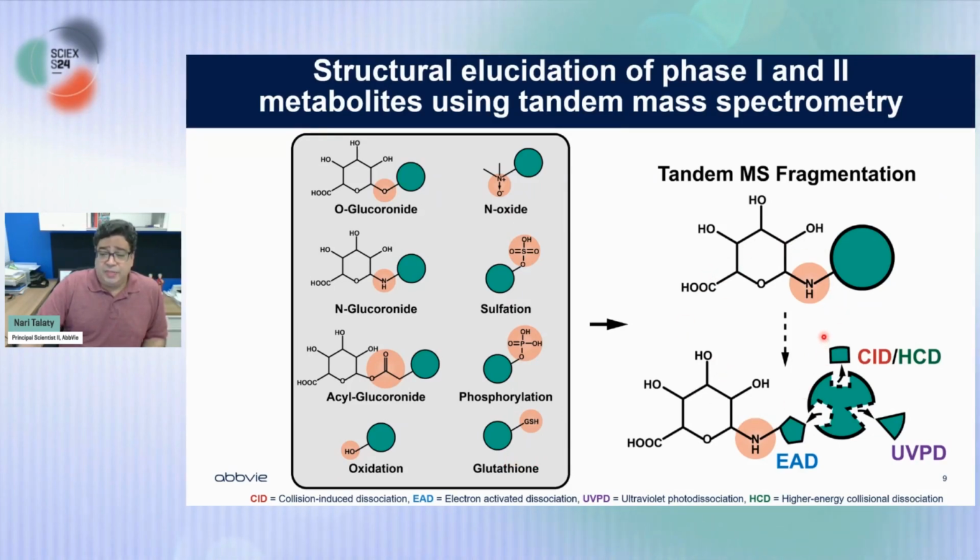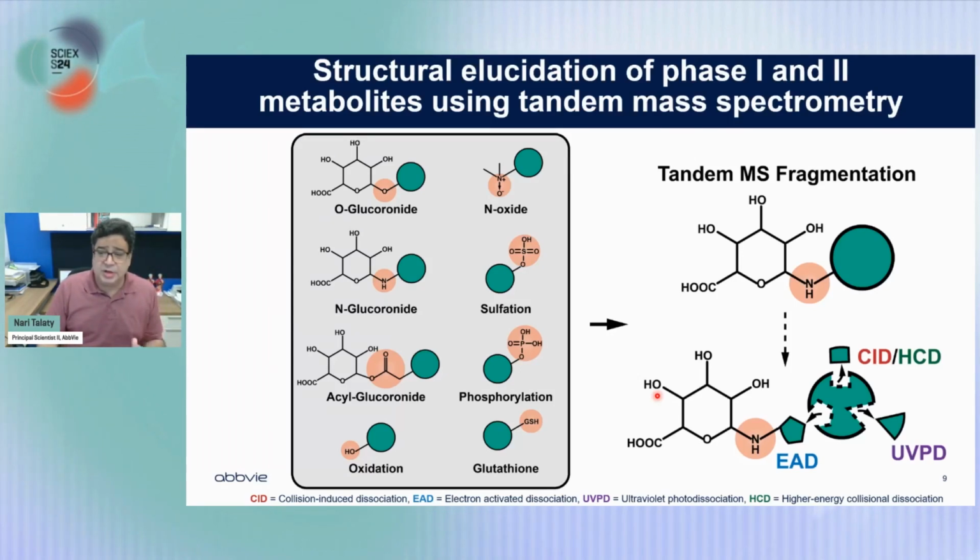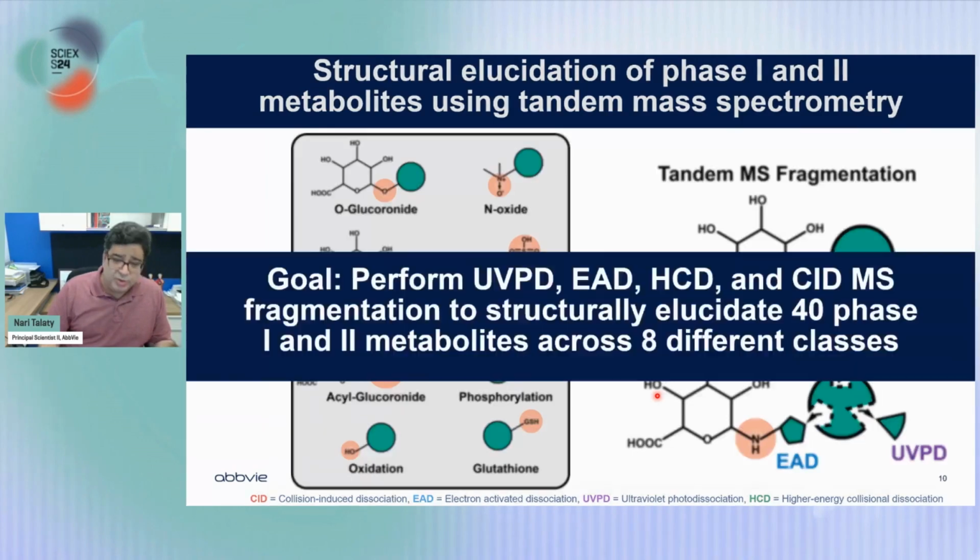And we wanted to do a thorough examination of the different techniques that are available to us. So we use different platforms. And we wanted to do a systematic evaluation of the different collision energy, like the different fragmentation tools. So here we go.